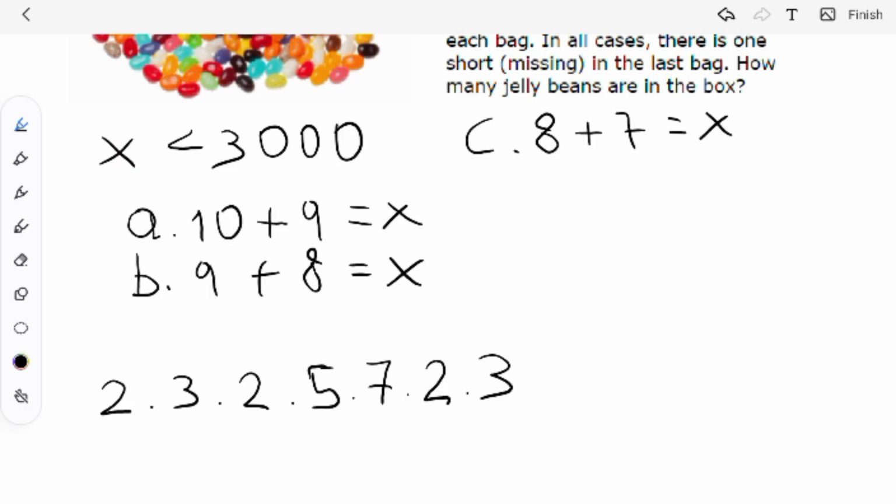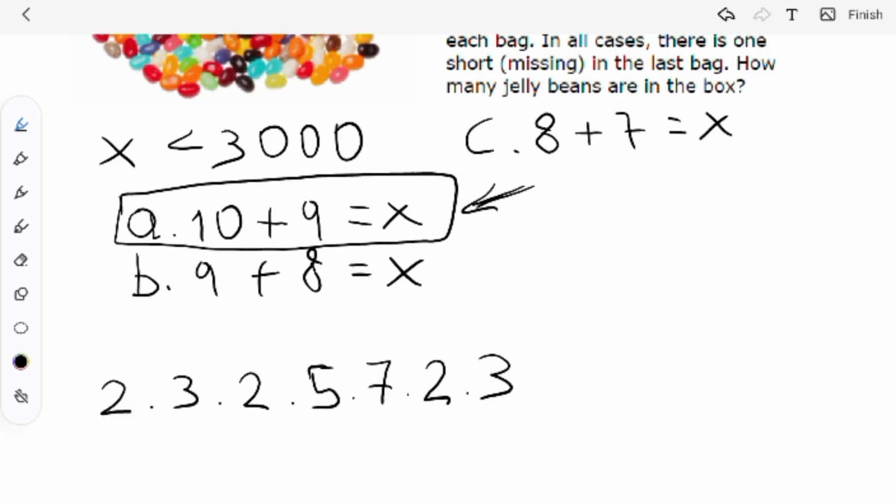Also, by observing this equation here, we know that the number x, which is the number of jelly beans, has unit digit 9. We can conclude this from the equation.